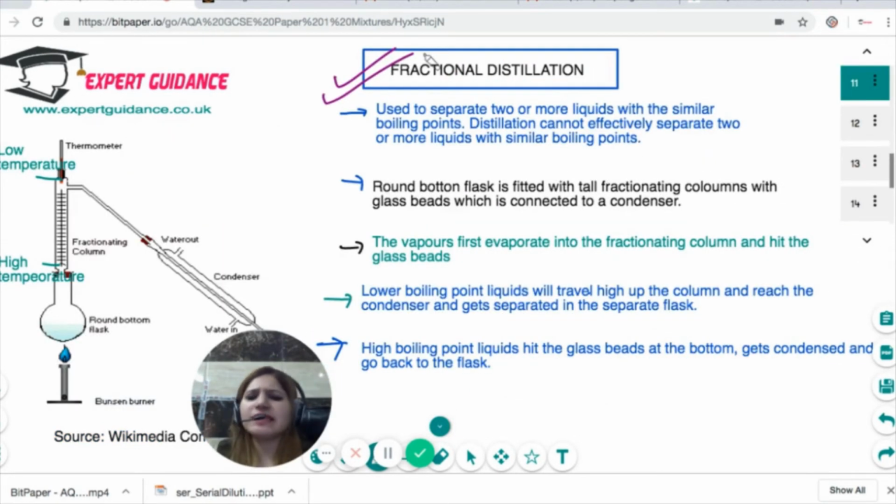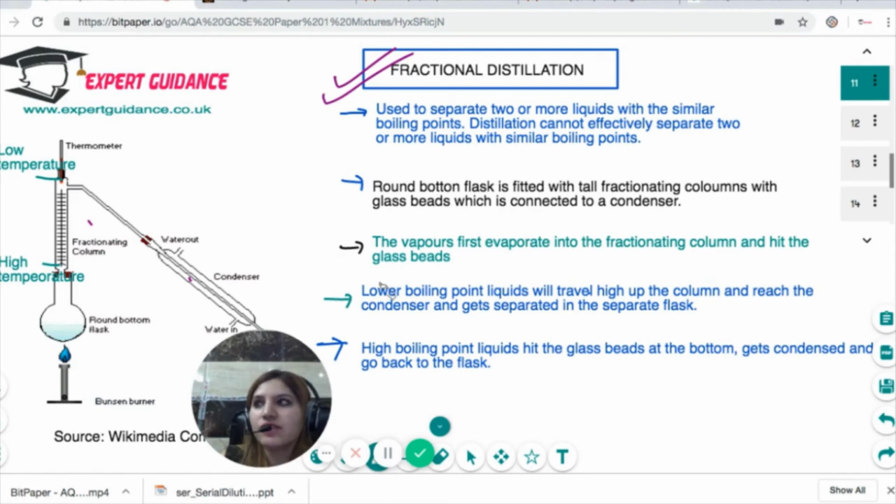Okay, so now is fractional distillation. Now, let's suppose you have a mixture of more than two liquids, like crude oil, or a mixture where the two boiling points are very close to each other. In this, what we do is we take a fractionating column. The vapors which pass to the condenser first pass through this fractionating column, which has glass beads in it. So the round bottom flask is fitted with a tall fractionating column with glass beads, which is connected to a condenser.